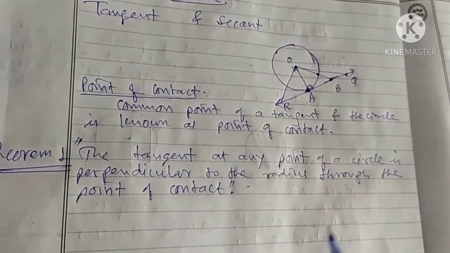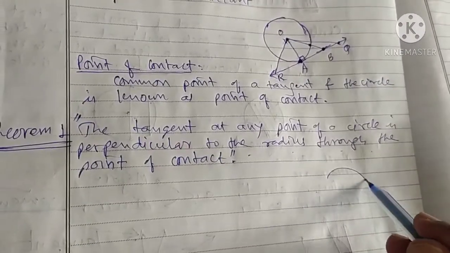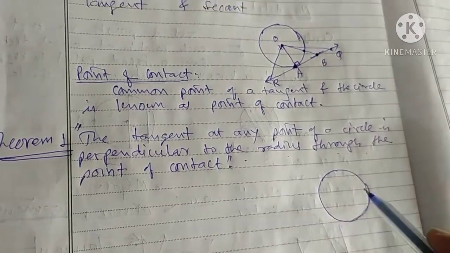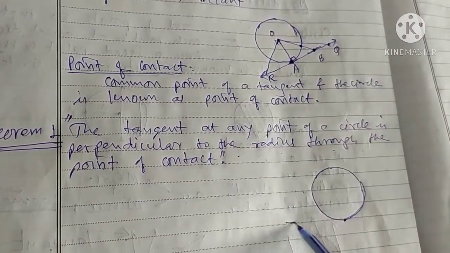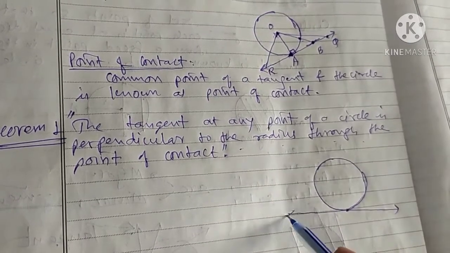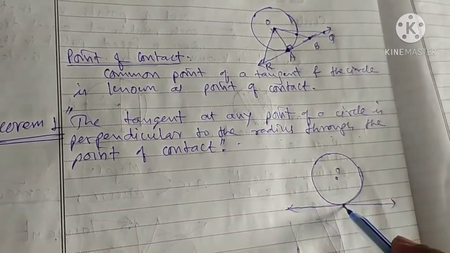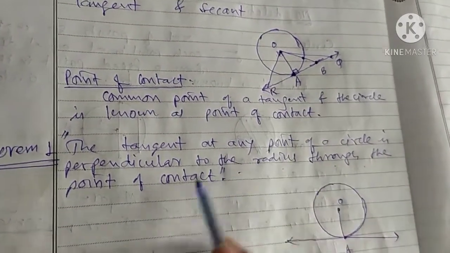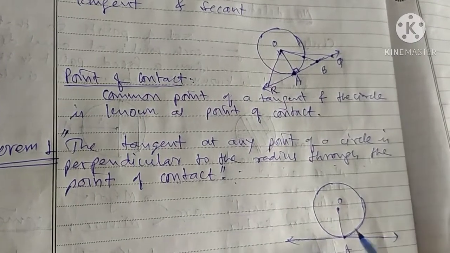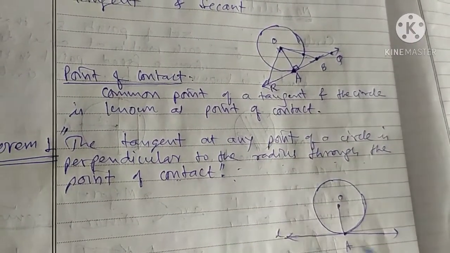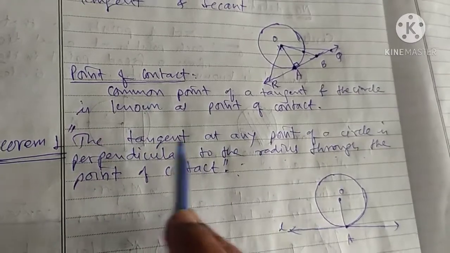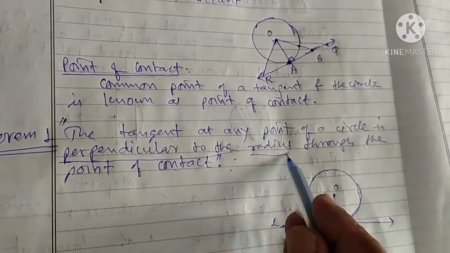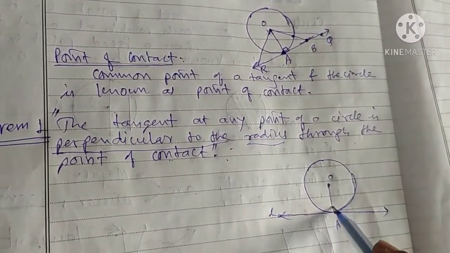So can you tell me what is given? You are given a circle. Again, you are given a tangent. Tangent means a point of contact is there. Again, you are given the point of contact. Suppose I take a line L. The tangent at any point of a circle is perpendicular to the radius, so L is perpendicular to OA.